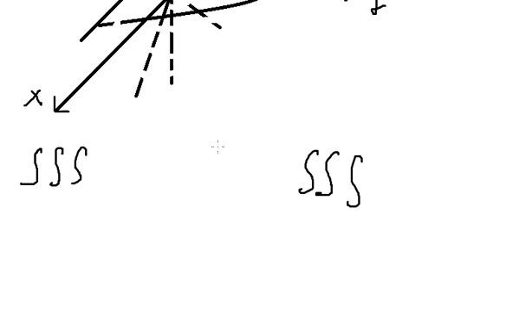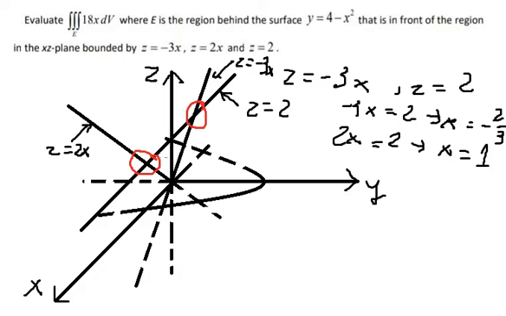That means we will have two triple integrals. And we have 18s. About the z, we see that z is between 2s and 2 in this area.